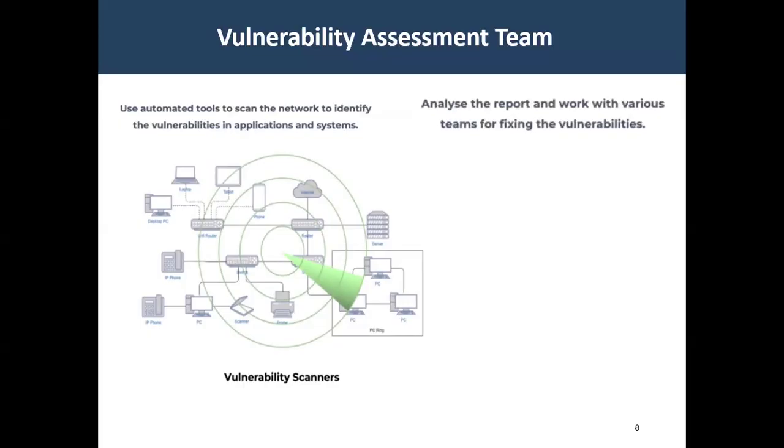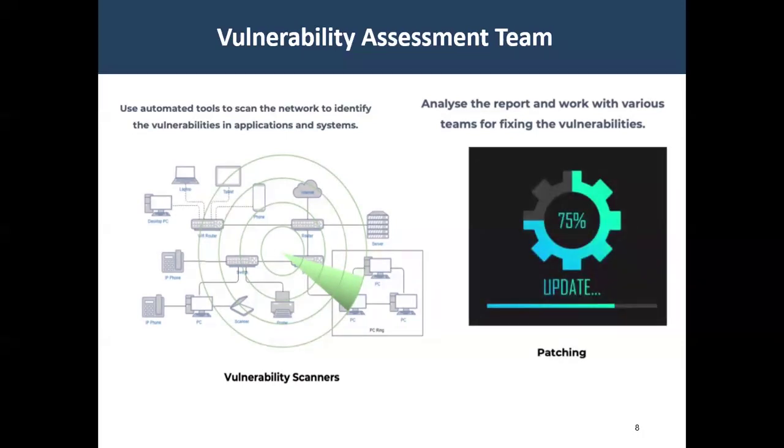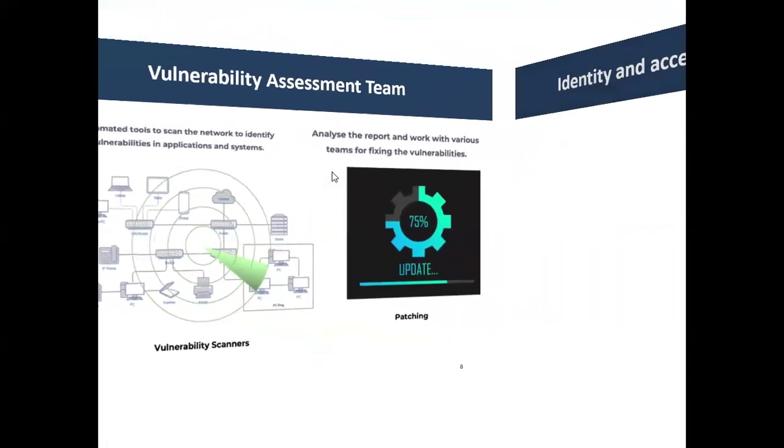They work with the various teams to fix these vulnerabilities, and the process of fixing them is called patch management, which continuously happens in organizations, because they need to find the vulnerabilities, fix them, and take action on them. There are several services and devices that need to be checked for those vulnerabilities. So we have the vulnerability assessment team.